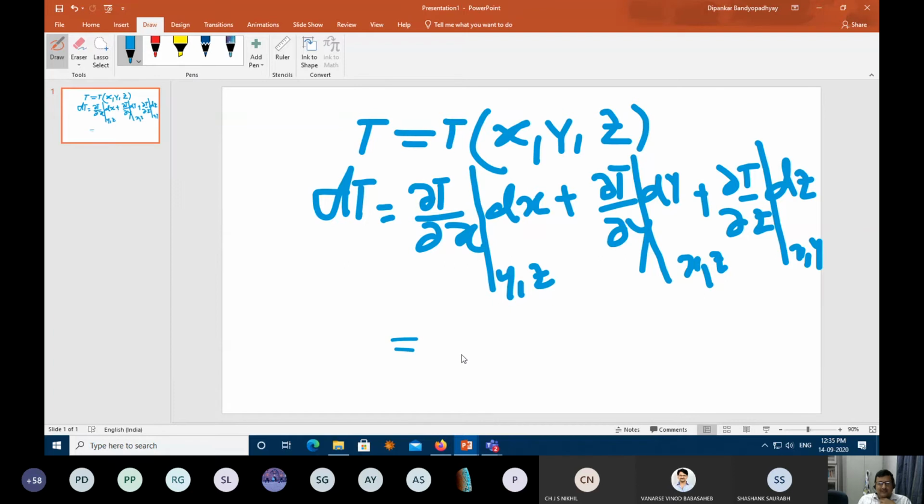you can really write what? You can divide this into two parts.